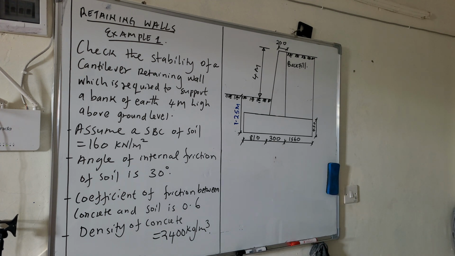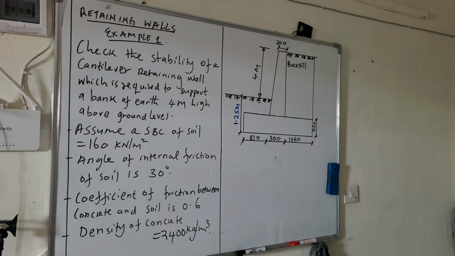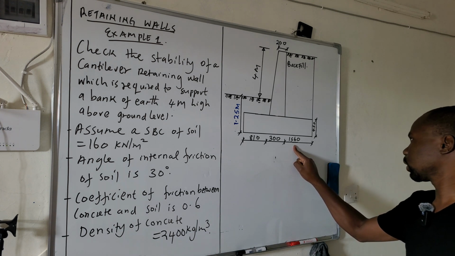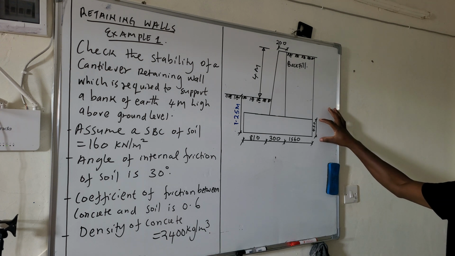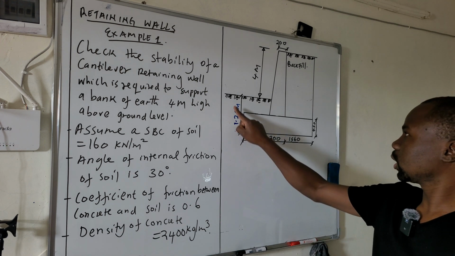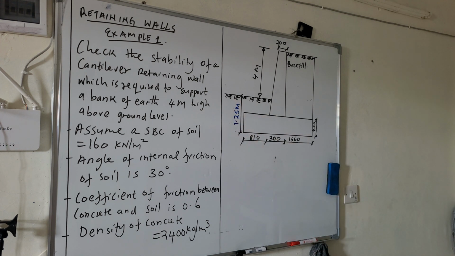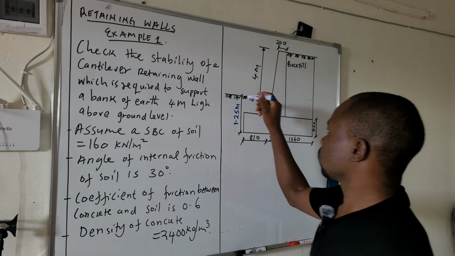The width of the toe is 810 millimeter, and the width of the heel is 1560 millimeter, and the thickness of the base is 450 millimeter, and the distance between the base and the ground level is 1.25 meters. So this is the ground level and this is the backfill.